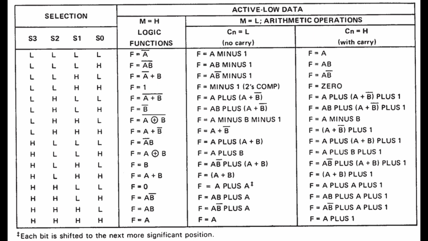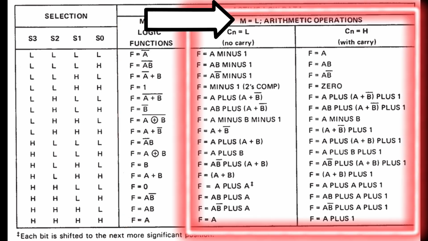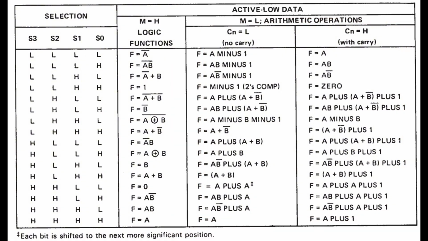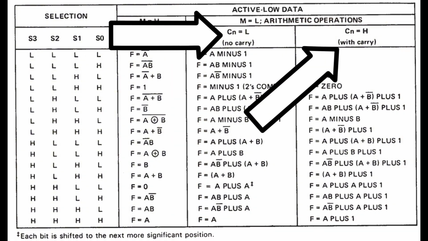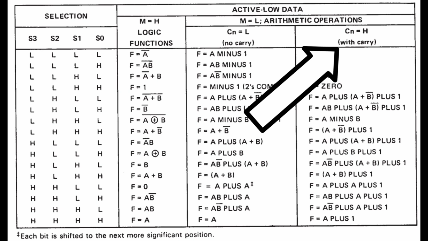The ALU can perform 2 different sets of functions, logic functions and arithmetic functions. Logic functions are enabled when the M pin is high, and arithmetic operations are enabled when the M pin is low. However, for arithmetic operations, it depends on the CN pin. When the CN is low, there's no carry bit, and when the CN is high, there is a carry bit.